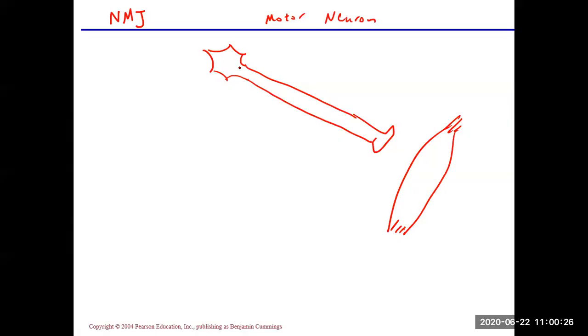So your brain sends electrical impulses known as action potentials, and these electrical impulses travel down the axon, and then you release acetylcholine. This acetylcholine binds to the receptor, and then channels open up, and the voltage keeps changing.